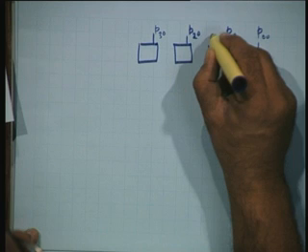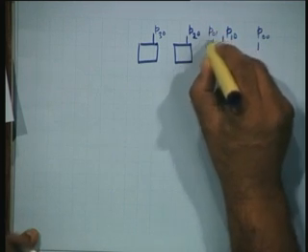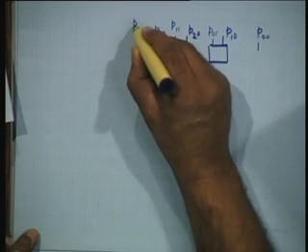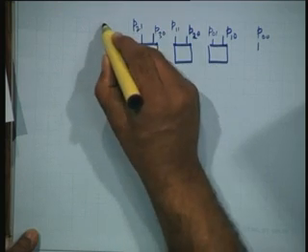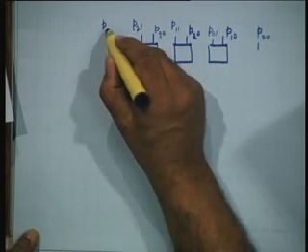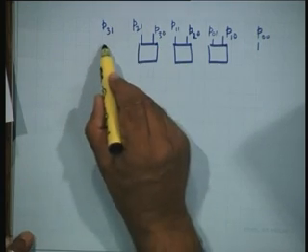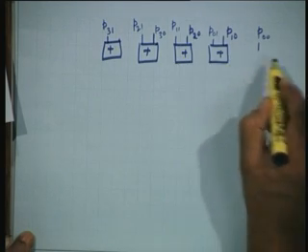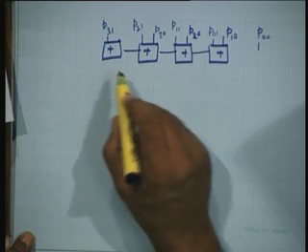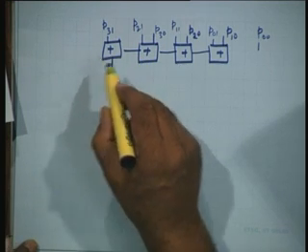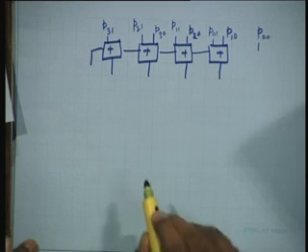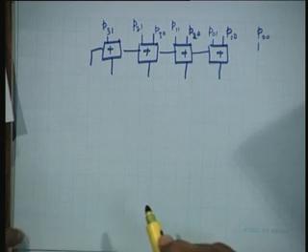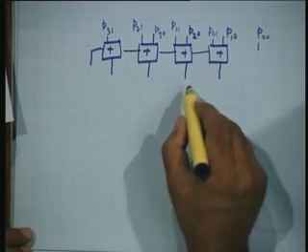So, P01 comes here, P11, P21 and P31. So, this is the first stage where I have added A multiplied by B0 and A multiplied by B1.